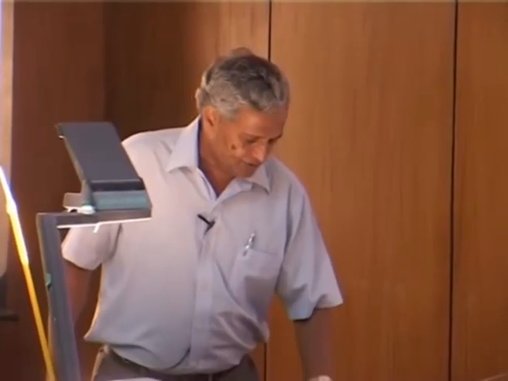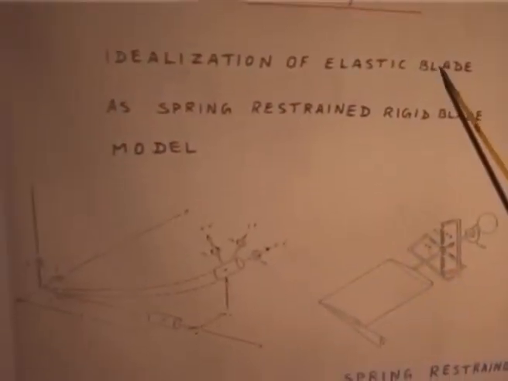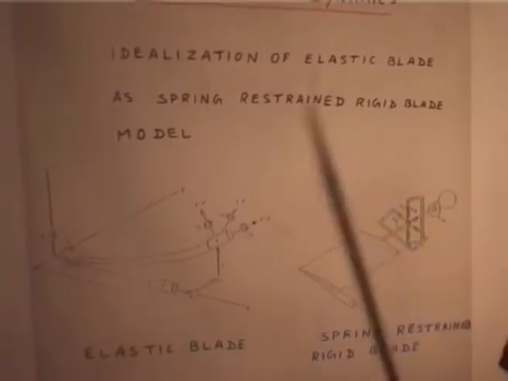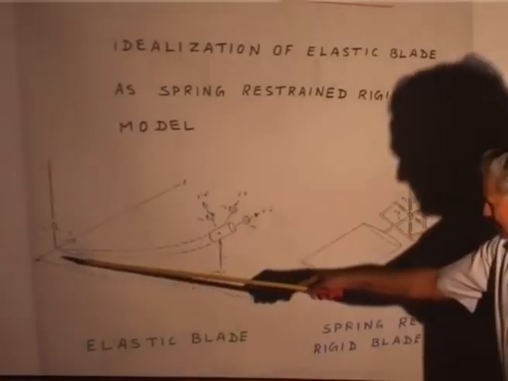How do we analyze this problem? I will just show the idealization of an elastic blade as a spring restrained rigid blade model. This is the elastic blade.